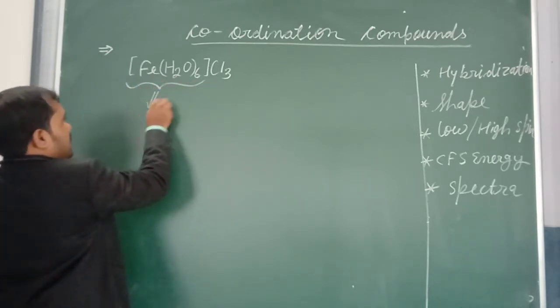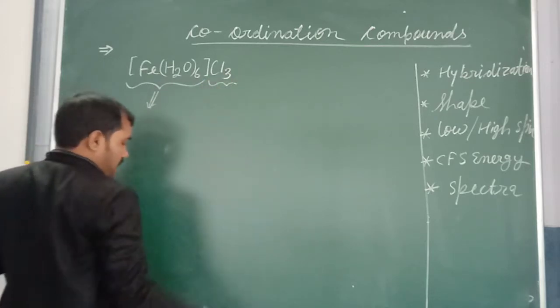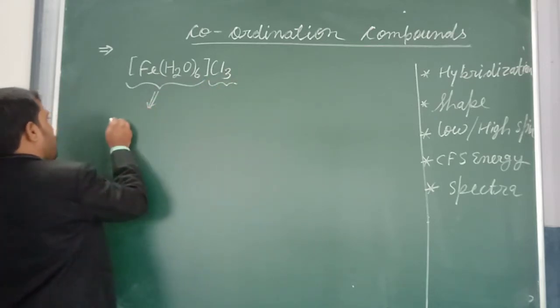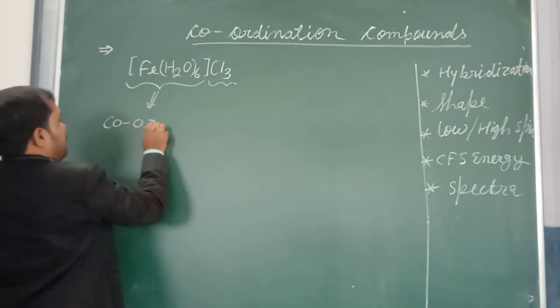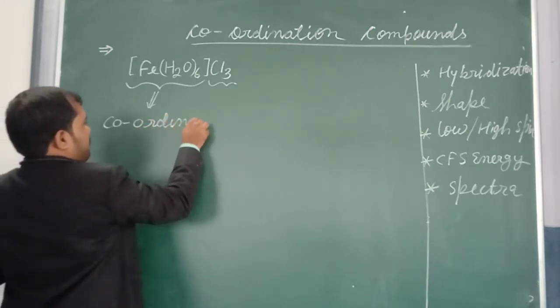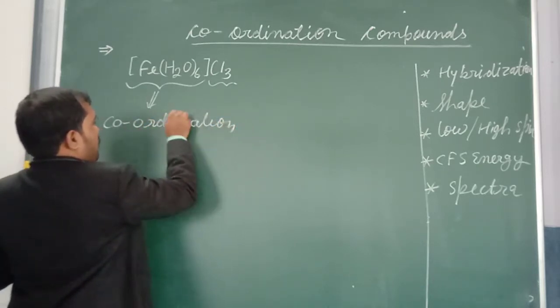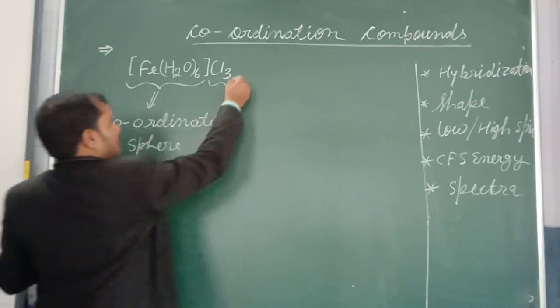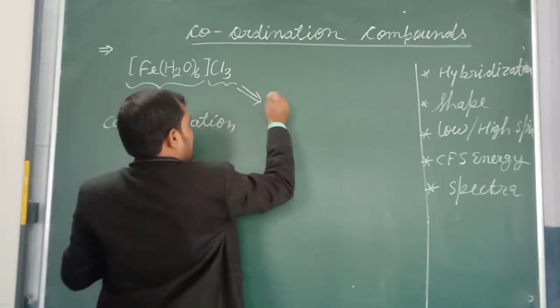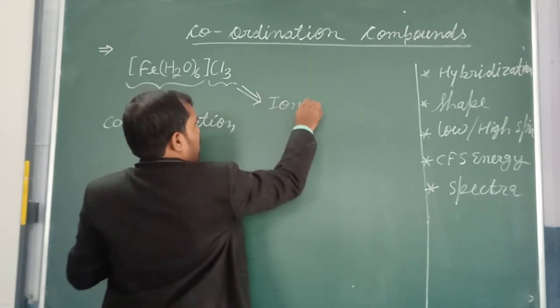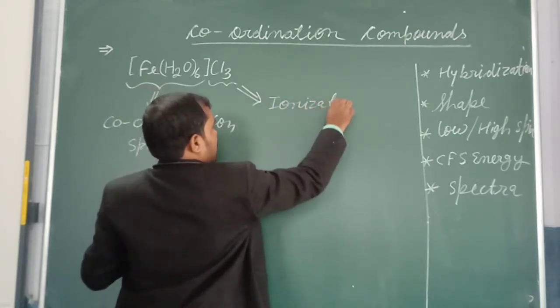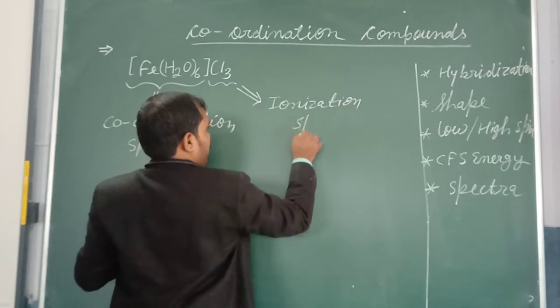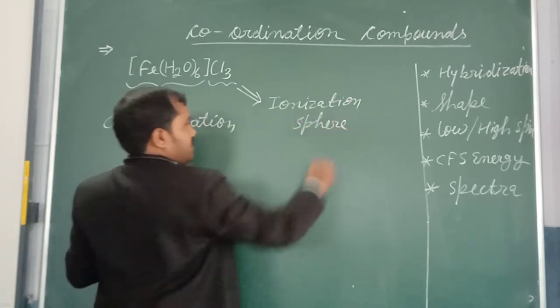One is inside the square bracket, known as the coordination sphere, and the second is outside the square bracket, known as the ionization sphere.